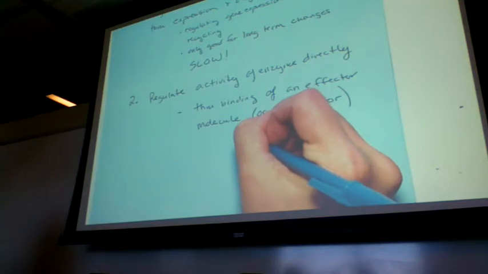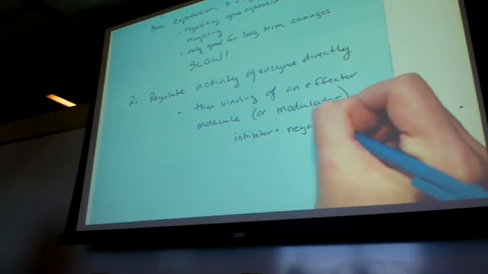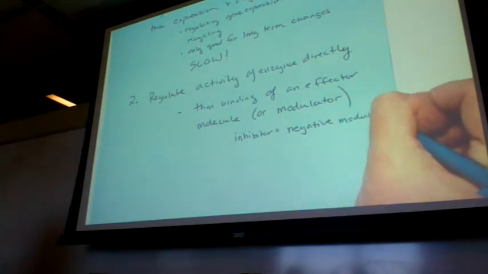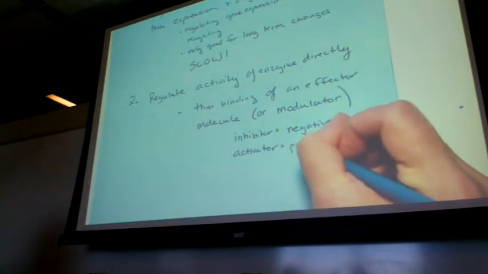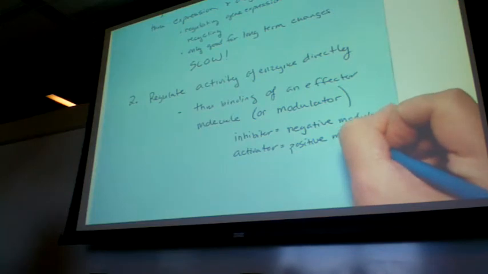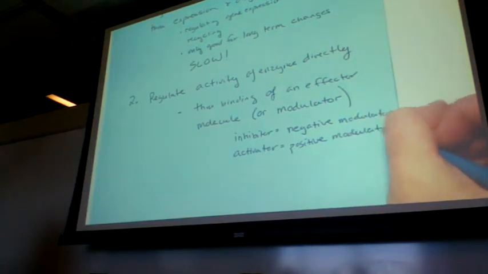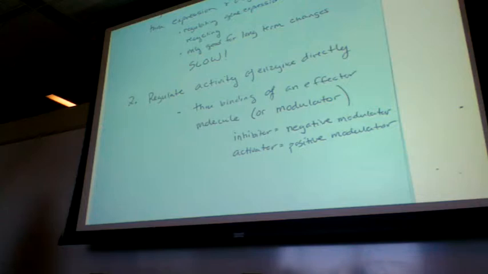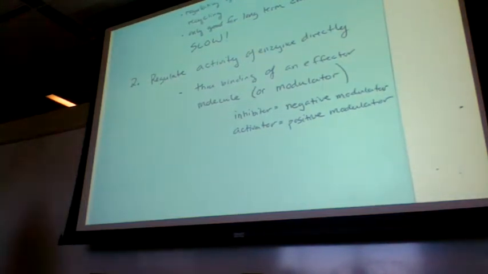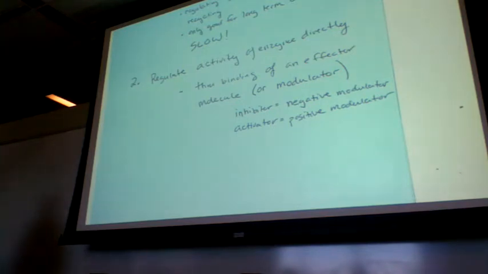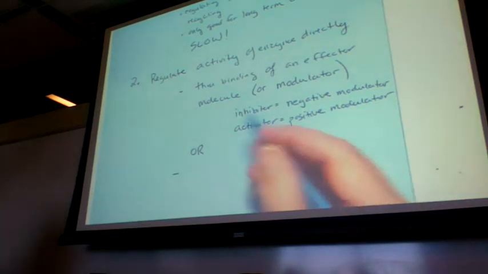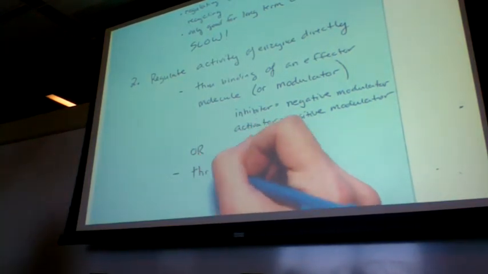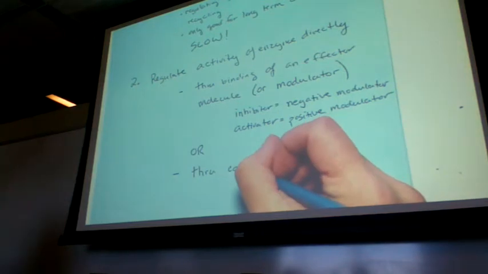An inhibitor is a negative modulator, and an activator is a positive modulator. Or you regulate the activity through covalent modification of the enzyme.